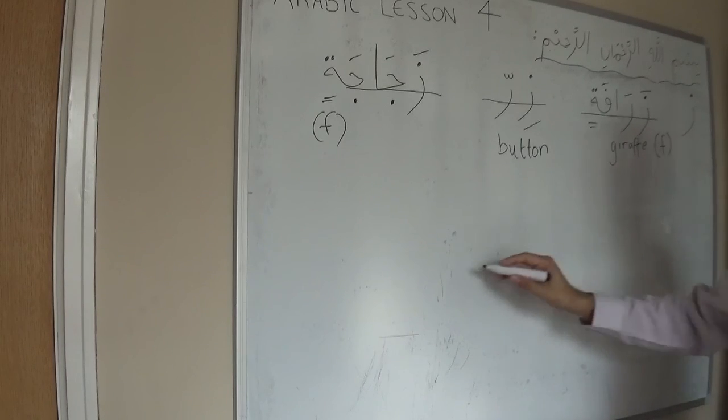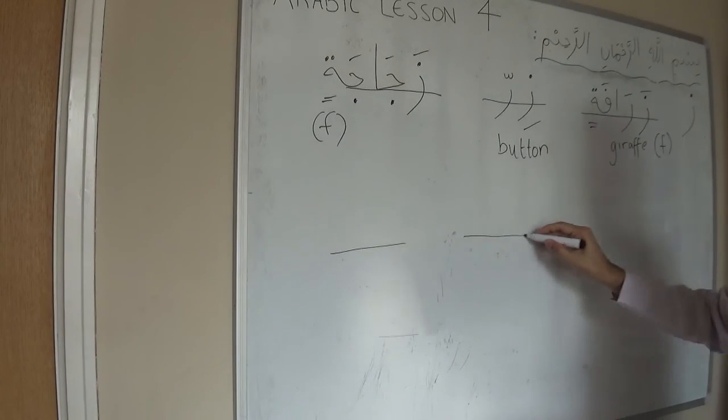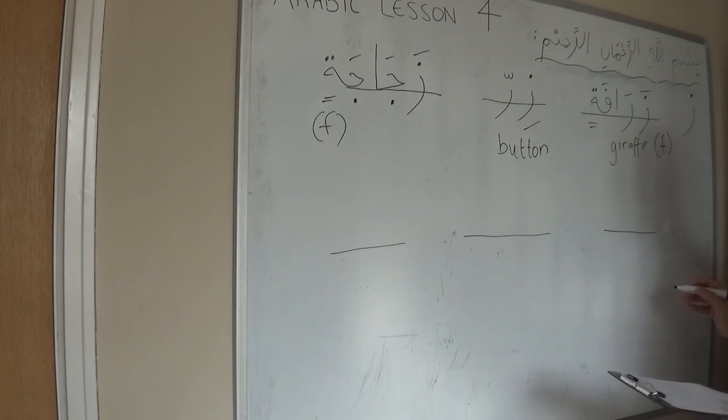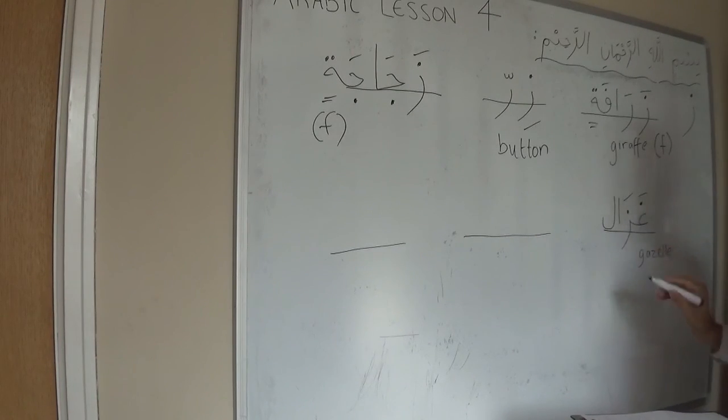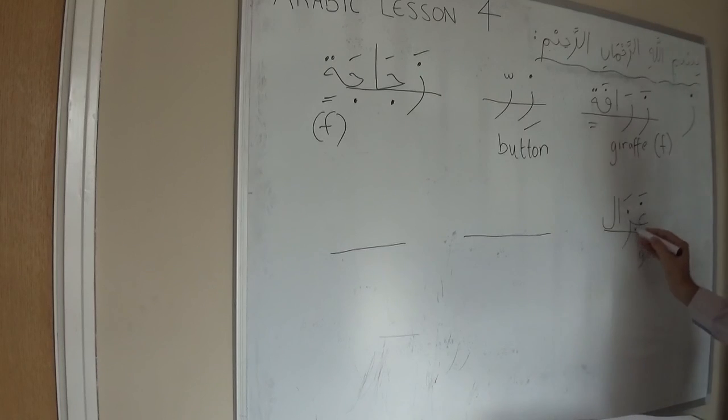Right, and finally to finish off today's lesson, in the middle and at the end we have ghazal, which, yes, is gazelle, the deer. Ghazal, za in the middle, joined onto something, but after that never joins.